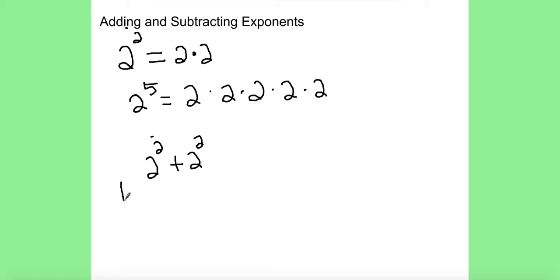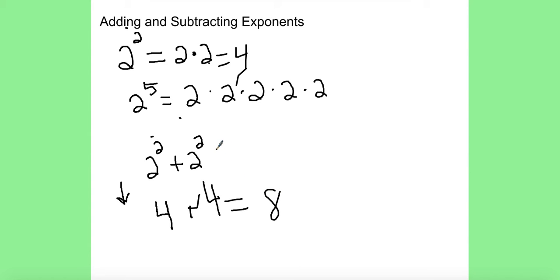One way is that we can evaluate the number. So 2 squared is 2 times 2, which is 4. Okay, we can write that up here as well. 4 plus 4, which is 8.